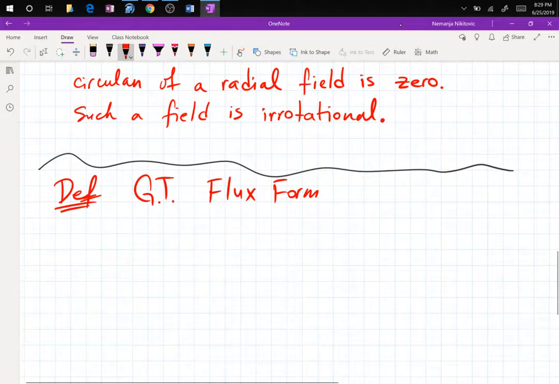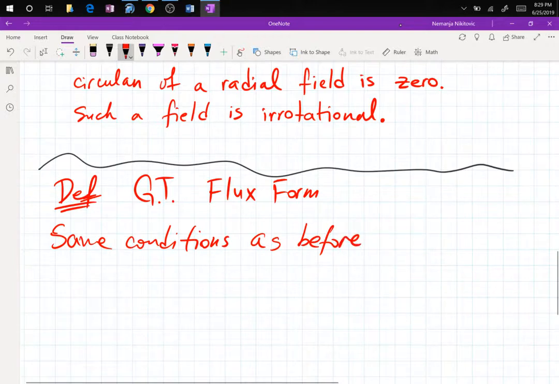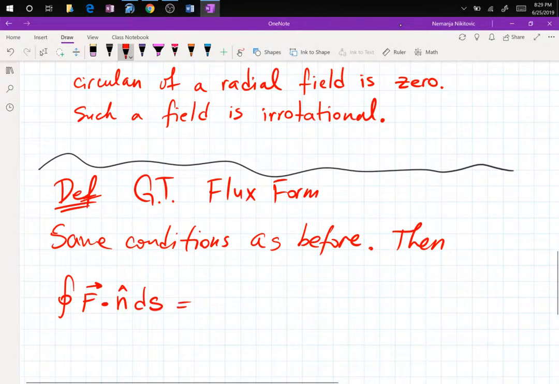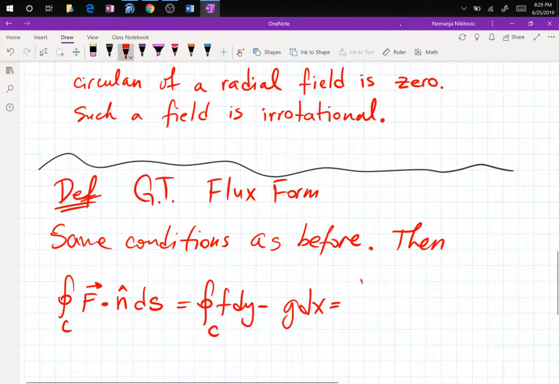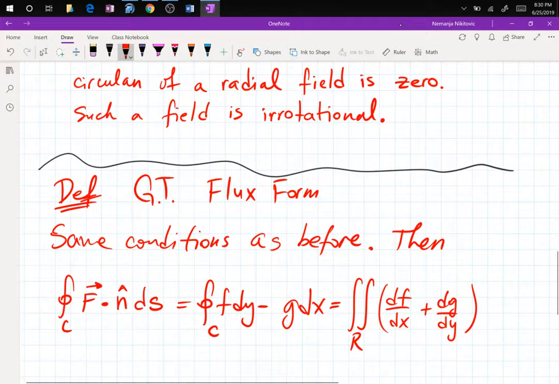So for the theorem, Green's theorem flux form, we have the same conditions as before. Now we have the flux form, which is the vector field dotted with the normal vector n, we can put a hat on it, ds, which is going to be the integral over the curve C of f dy minus g dx, which in this case will be the double integral over region R of our divergence, df dx plus dg dy, dA.